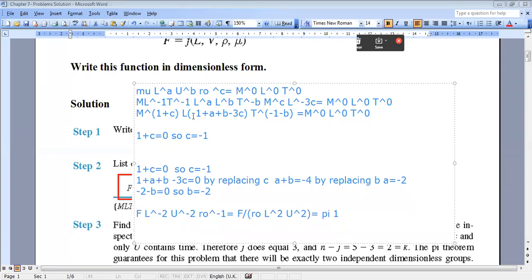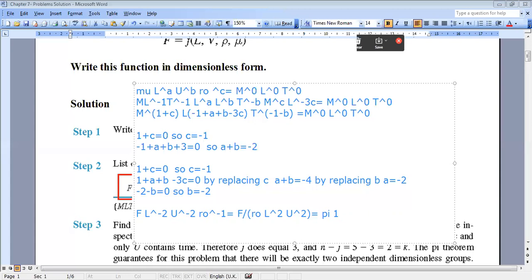Now, my second equation is for L. I have minus 1 plus A plus B, and if I replace C by its value directly, it's plus 3, equals 0. So here I get that for the second group, A plus B is equal to minus 2.